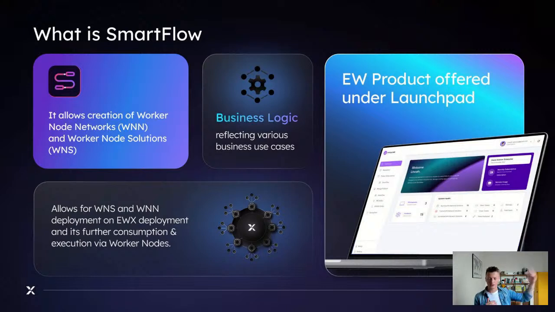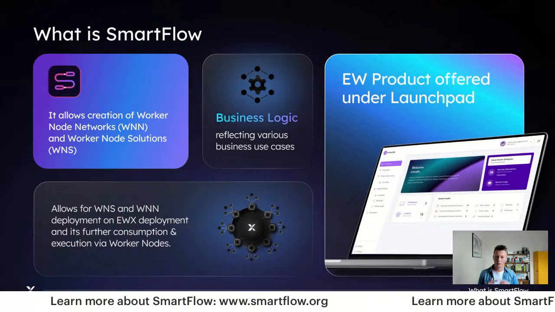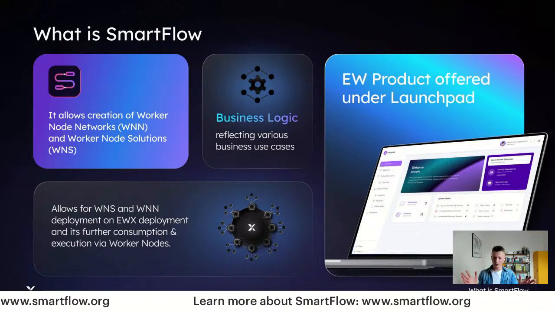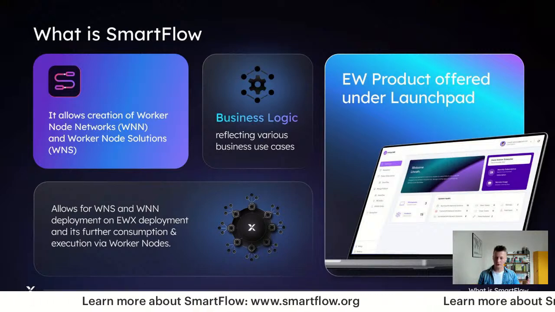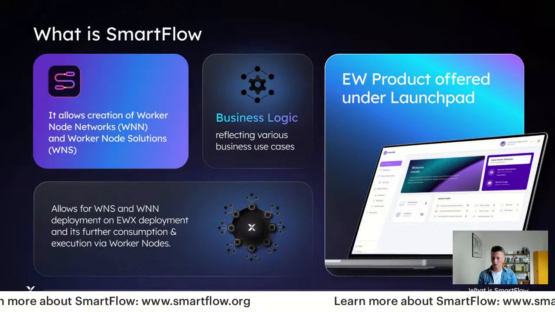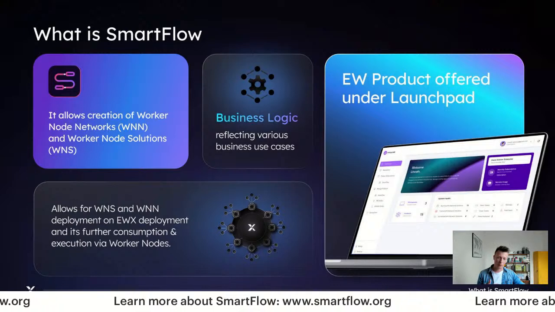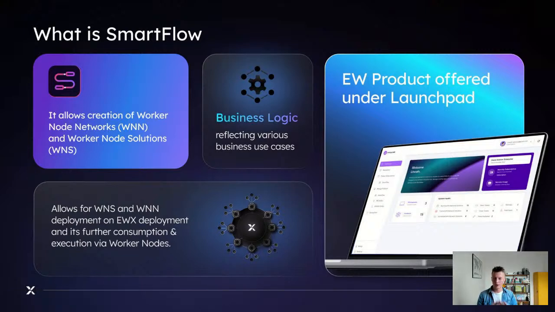And in the very near future, we're also going to add worker node network management. So in principle, SmartFlow allows you to manage it, determine the business rules of all of those components, and govern them, like for example, pause them, delete them, create them. All of that is wrapped on the Launchpad side under the SmartFlow product.